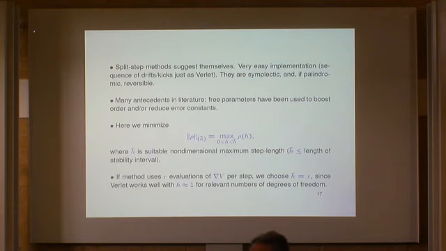If you do this, you get methods that, if h is very small, perform better than Verlet. But here there's no point in that, because if your acceptance probability for one delta t is already 98%, you don't want to decrease your delta t, and it's really no difference to you if your errors are 10 to the minus 2 or 10 to the minus 6 or 10 to the minus 9, because it has very little impact on the acceptance.